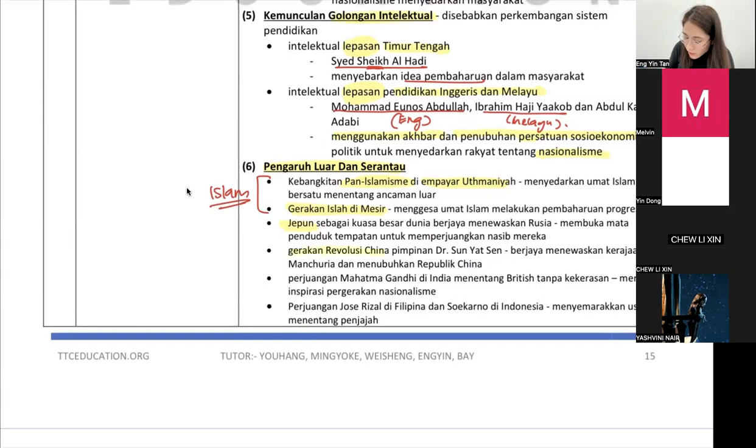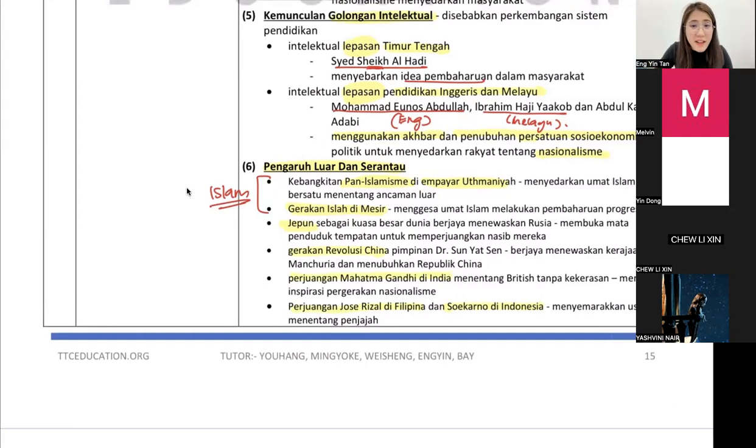So China Revolution, also a big changes. India Spirit, Jose Rizal Filipinas, Soekarno at Indonesia, everyone influenced us. All this is like the outsiders. Pengaruh luar dan serantau. So the Western, the Asian country, Asia Tenggara, our neighbor influence us.